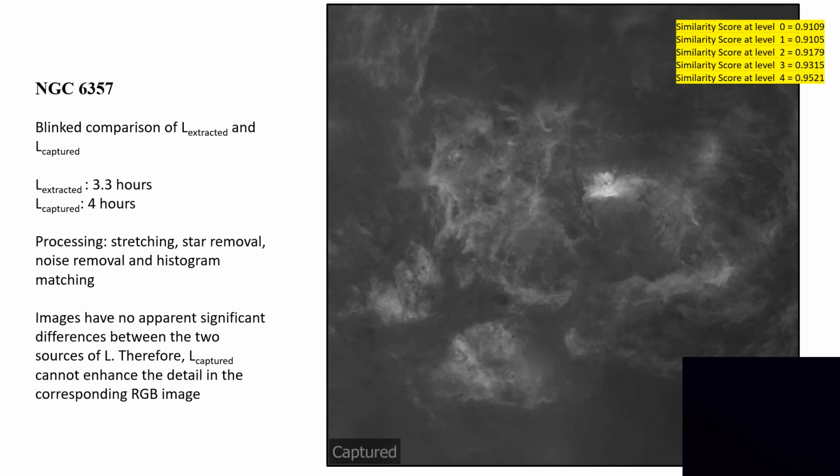So this is bordering on a perfect match between the two in terms of the content of the two images. Therefore, if this were the level of processing you were doing, replacing the 3 hours of L that was already in the RGB image with 4 hours of separately captured L would be a waste of time.